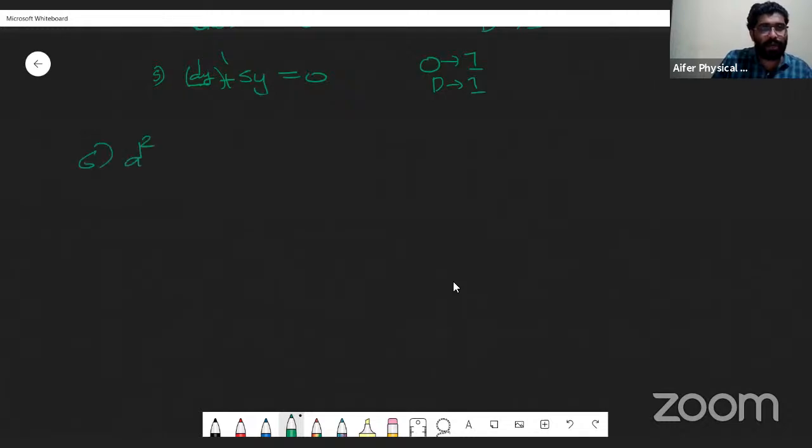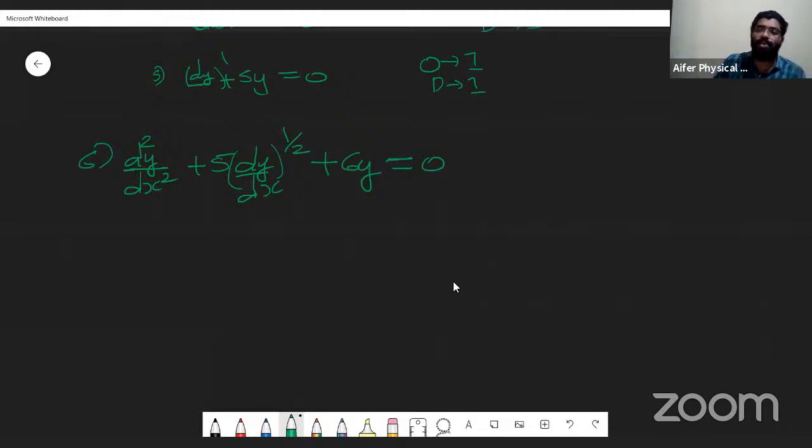6 (d square y by dx square plus 5 dy by dx) whole power 1 by 2 plus 6y equal to 0. Now if you look at this differential equation, it is not free from radical. It contains a radical power, so we have to make it free from radical.